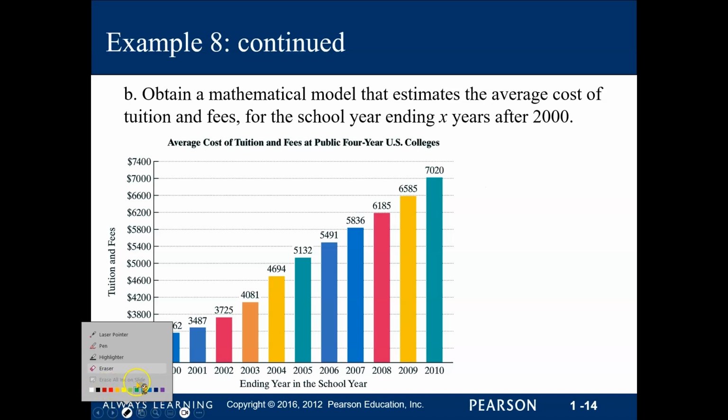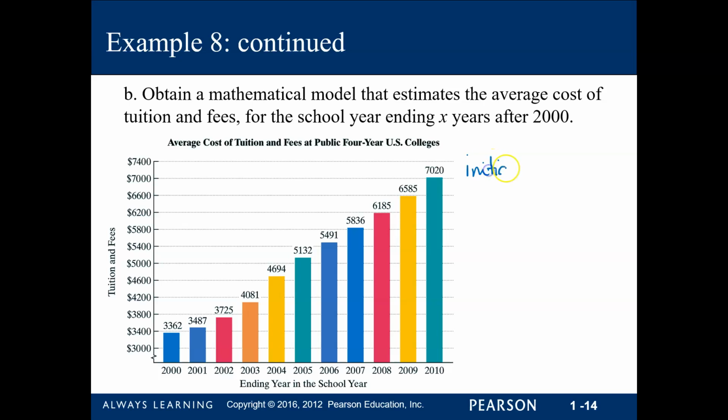So we are going to start with the initial value, 3,362, and then we add how much it increases every year. According to our computation from the previous slide, it's always $366 every year.